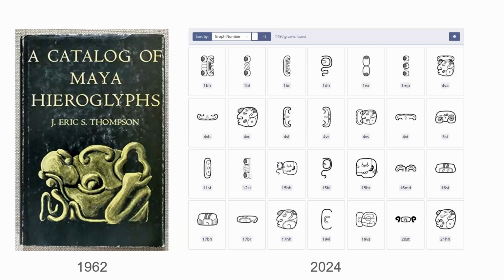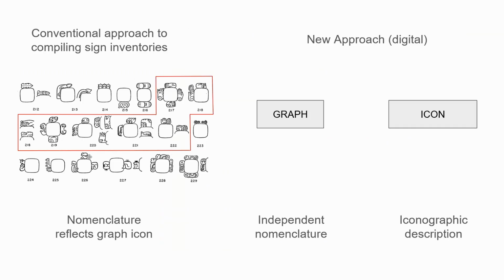For example, sign number 1 here is the combination, here is the variation type. This is the syllable u, for the ergative pronoun. And this is the one we use, and we still rely on the Thompson catalog that was published 60 years ago. It's part of our database that we're going to publish.